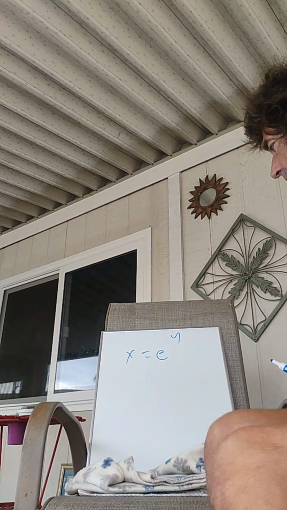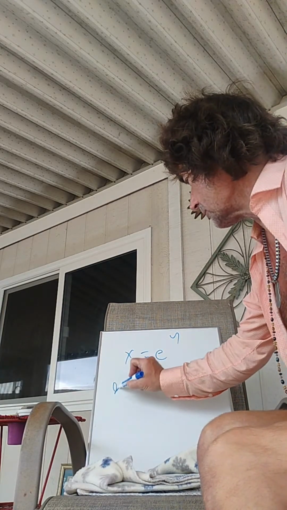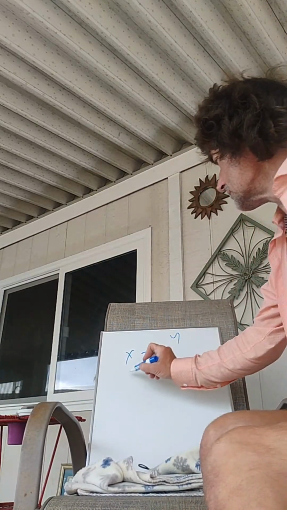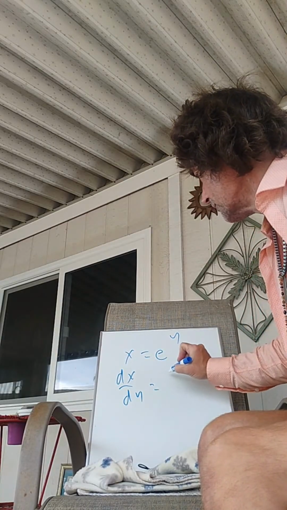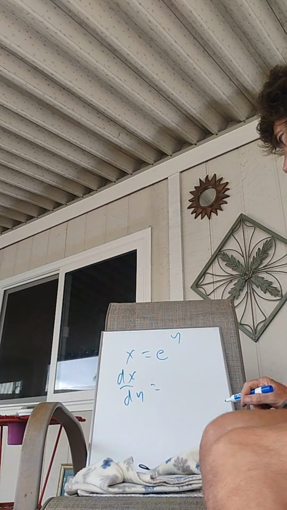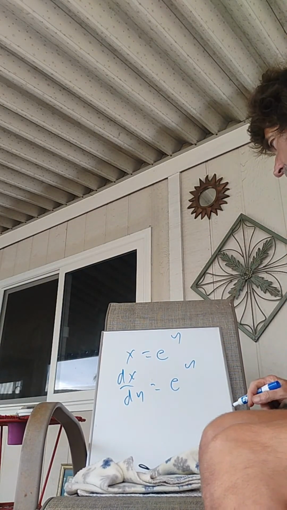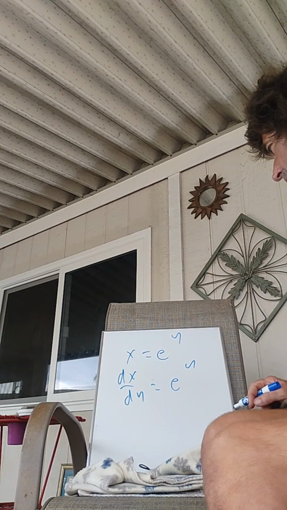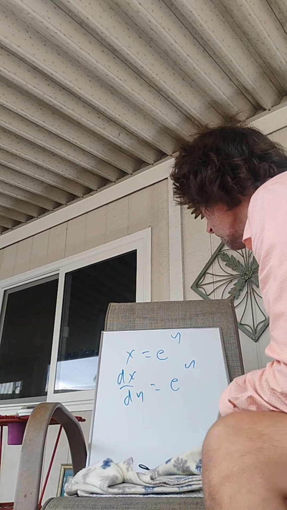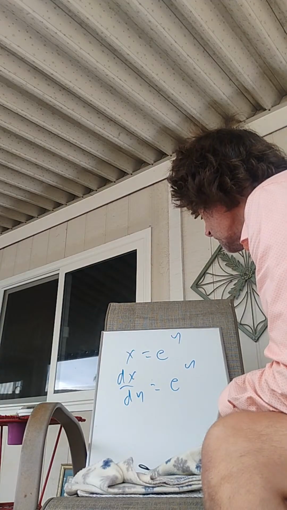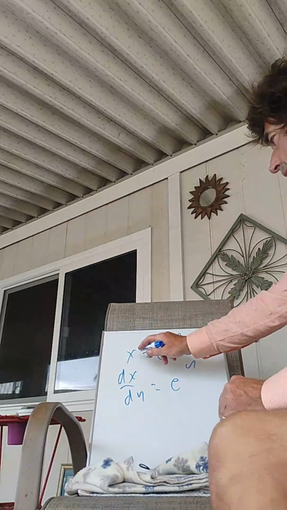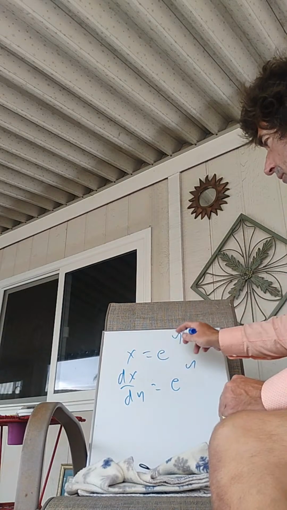If x equals e to the y, then dx/dy equals e to the y, because the derivative of e to the y is e to the y.